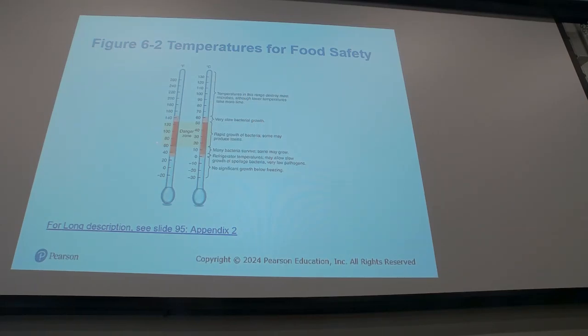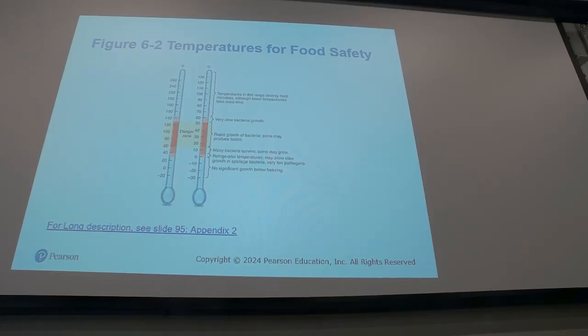So we have then in degrees Celsius, this danger zone that can be from 12 Celsius to 50 degrees Celsius. Still close to this danger zone, you still have some growth of bacteria.